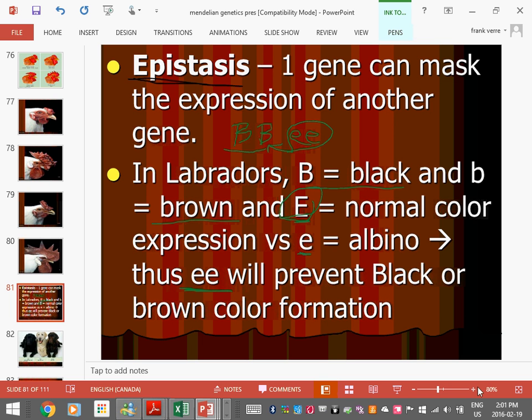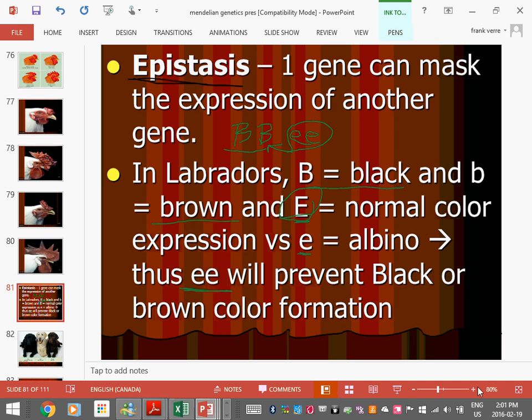If you have a capital E, it says you can have color, and the color is either going to be black or brown. But if you have little e's, it says no color, which means it doesn't matter what the other ones are, because you have two little e's. So in this case, the E does affect the letter B.